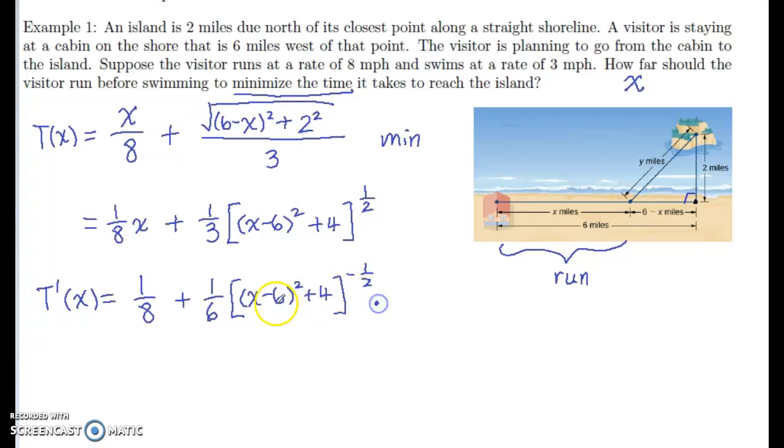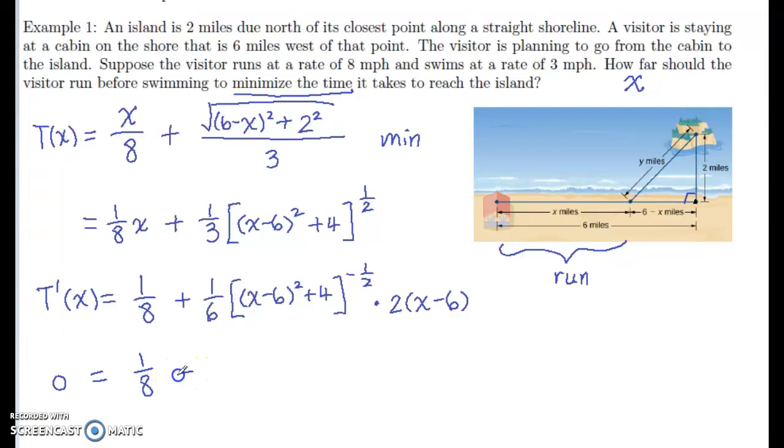Now times, the chain rule tells us to take the derivative of the inner function, which is 2 times (x minus 6) times 1. Or if you're confused, you can expand the square, get a polynomial and take the derivative of the polynomial. So this is the derivative. We need to set it equal to 0 and solve for the critical number.